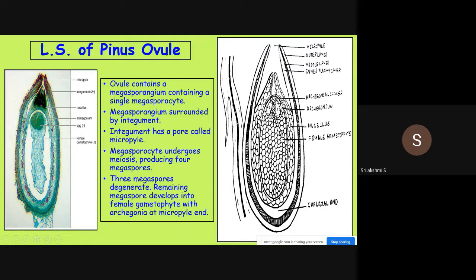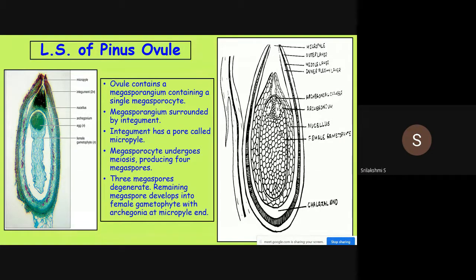So the diploid zygote will later develop into the diploid sporophyte. You can say it develops into a seed, and then finally the seed, when it is sown, develops into a plant. Now, sometimes many embryos are formed after the zygote is formed.